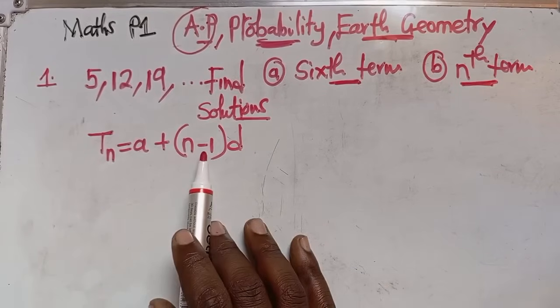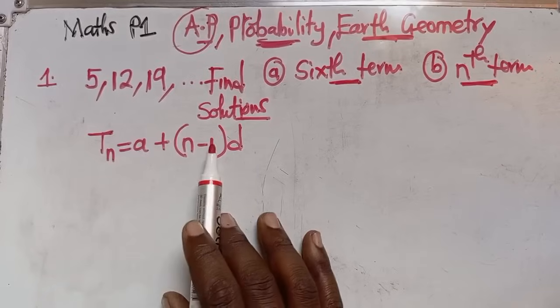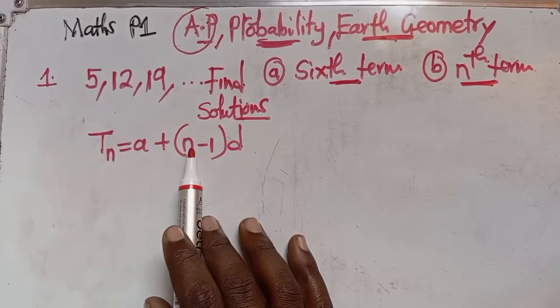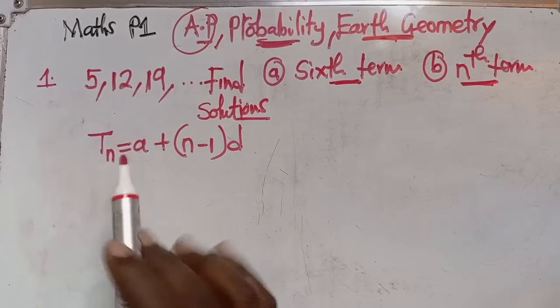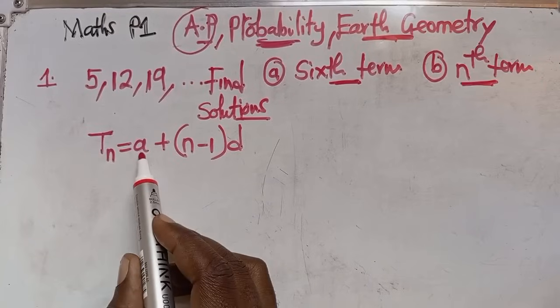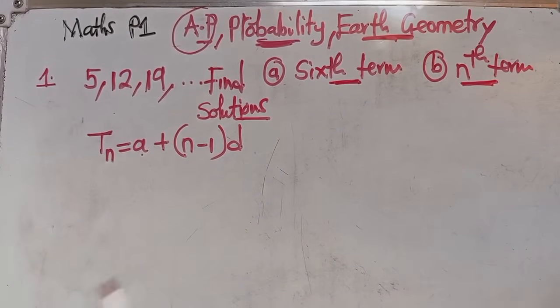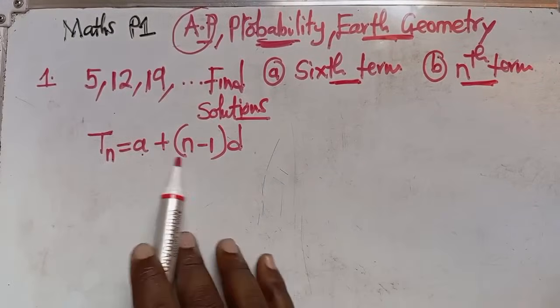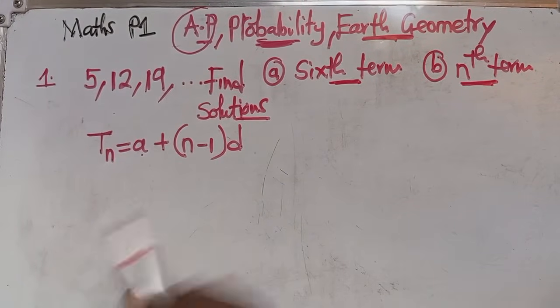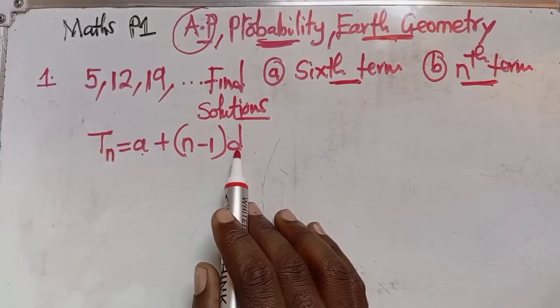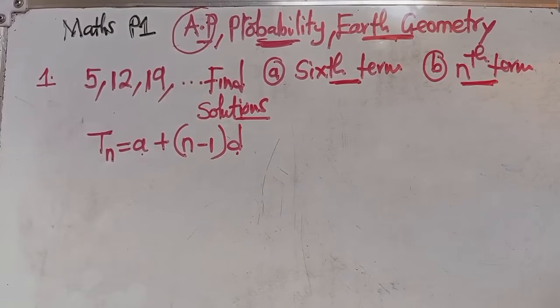So this is our formula. Make sure that you master this particular formula, where A is the first term, n is the number of terms that you're looking for, the sixth term, meaning our n is going to be 6. D is the common difference, the difference between two consecutive terms.